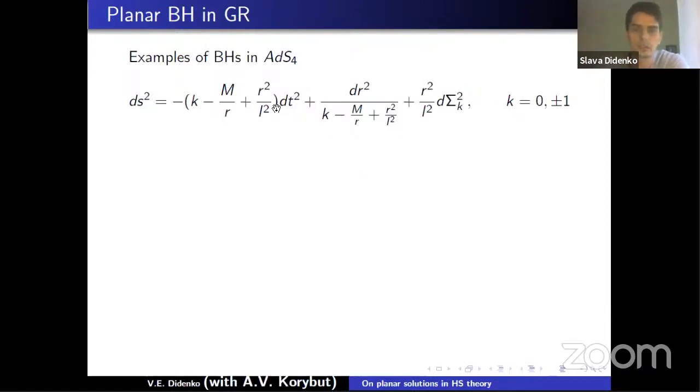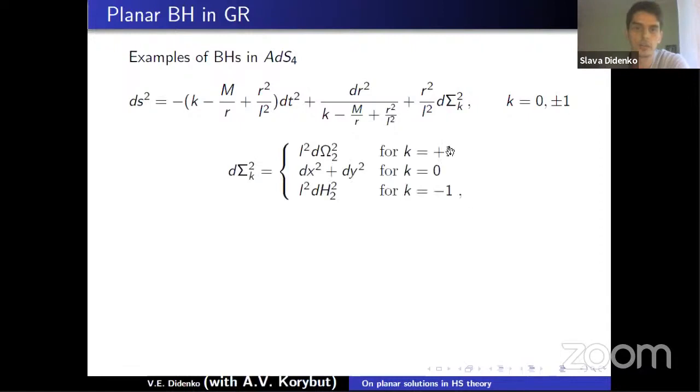Here you see the metric, which depends on some discrete parameter k, which can be either 0, +1, or -1, the mass parameter, and the AdS radius L. These metrics describe for k equals +1 the Schwarzschild solution in AdS4, whereas for k equals 0 it has the planar horizon, the two-dimensional planar here. And for k equals -1, it is what is known as the hyperbolic black hole.